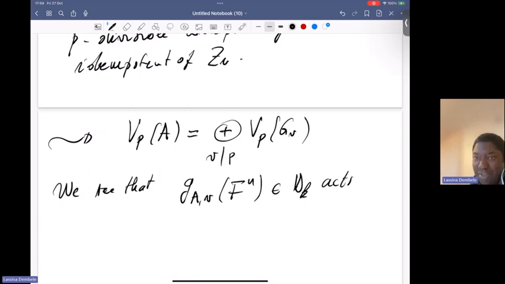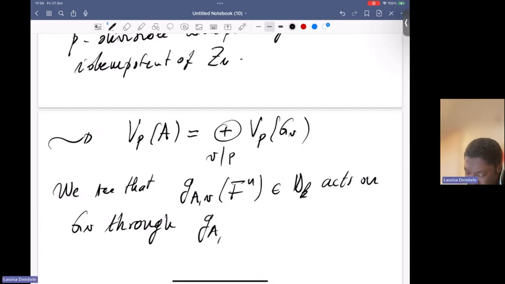And how does this act on the local factor GV? It acts through the evaluation of our polynomial at the Frobenius. But remember, GV is the minimal polynomial of Frobenius over ZV. So if you make this evaluation, this will be 0.